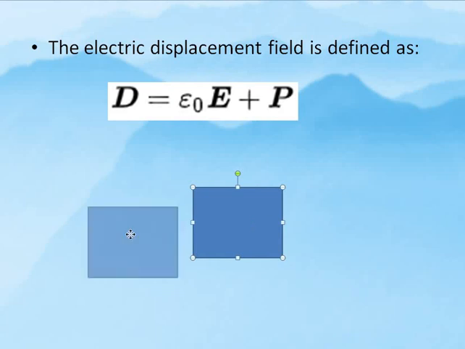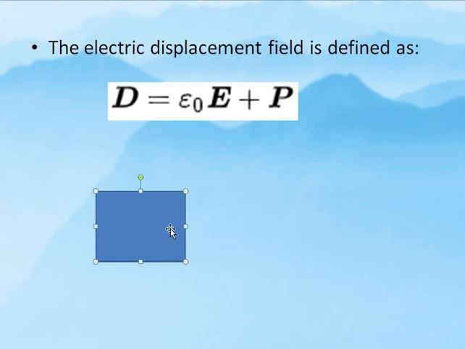If we take a dielectric material, then the current density is always zero, and because of this the electric field is applied perfectly. So this is how it works.